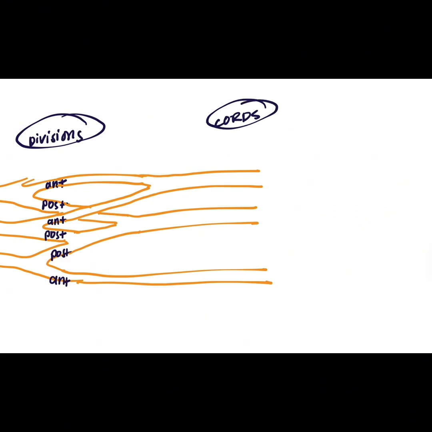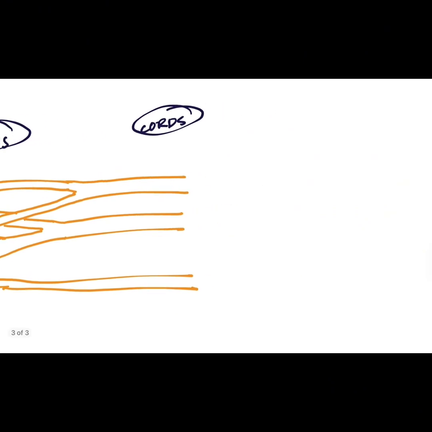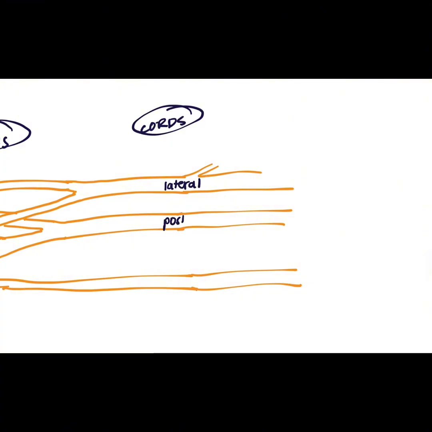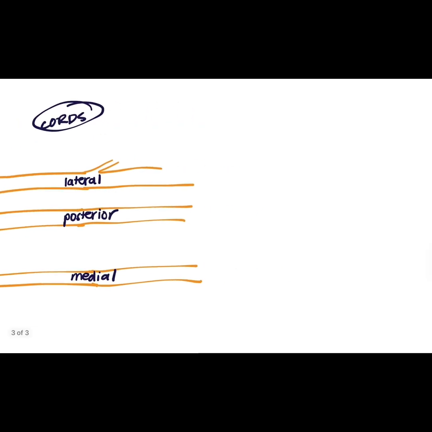So we will now call this the chords. So the combination of the anterior division of the upper and the middle is what we call the lateral chord. Now, lateral because it is found in the lateral area of the arm. And then the posterior chord is found in the posterior aspect of the arm. And then the medial goes to the medial part of the arm.